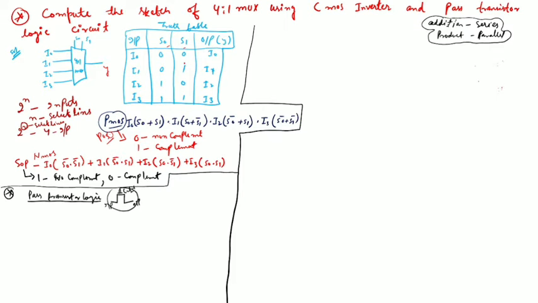In the PMOS, 1 will represent the complement, then dot again product, then for I2 this, and this will multiply both these, S0 complement plus S1, then dot again for the fourth input of the select lines, I3 multiplied with S0 complement plus S1 complement, and this will be the POS product of sum equation.